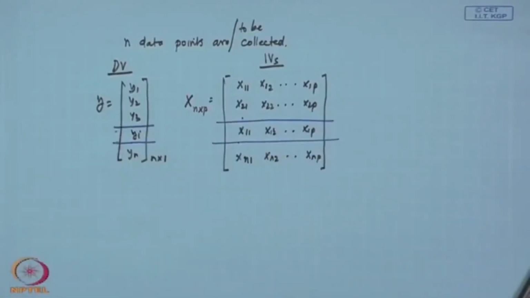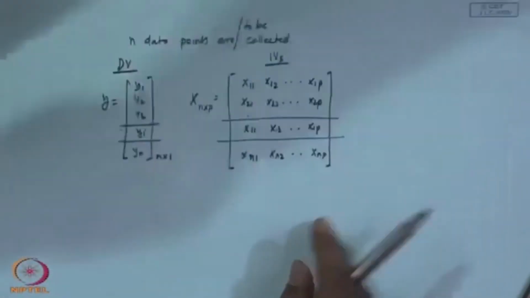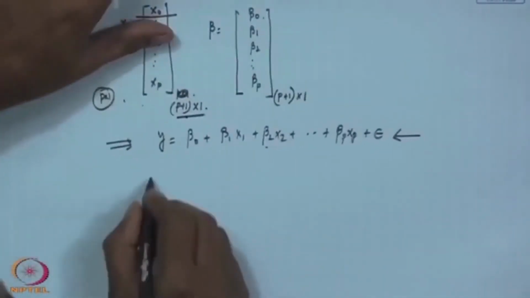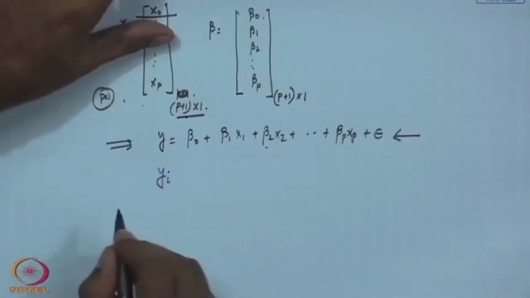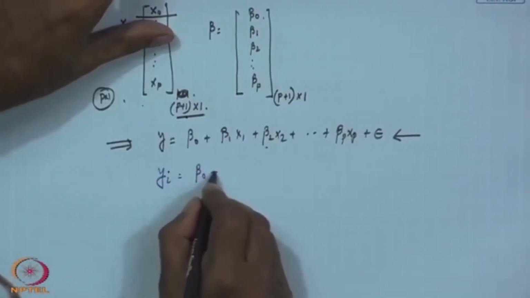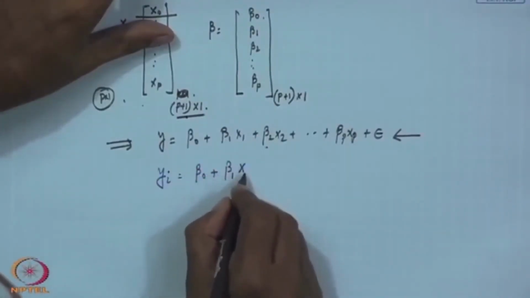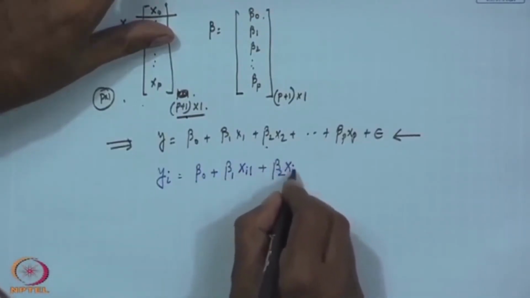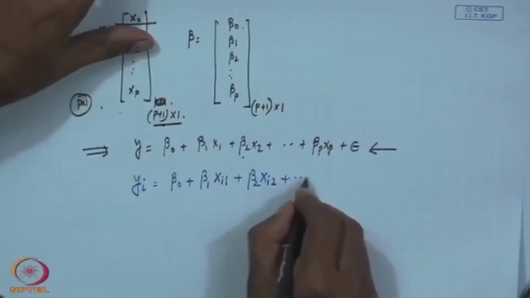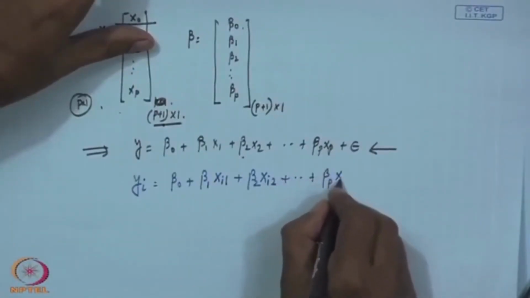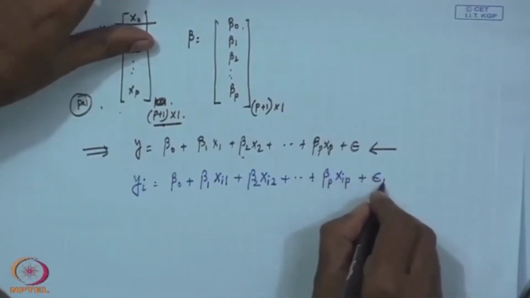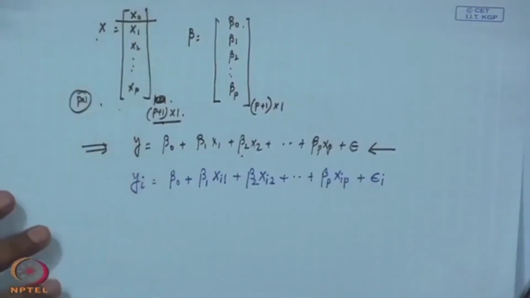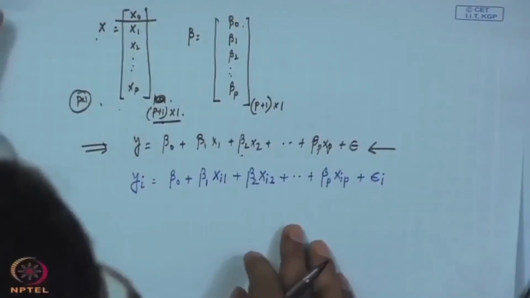Now, if we want to write the equation, we will write yi equals beta 0 plus beta 1 x i1 plus beta 2 x i2 plus beta p x ip plus epsilon i. Are you getting me? Then what is this quantity?